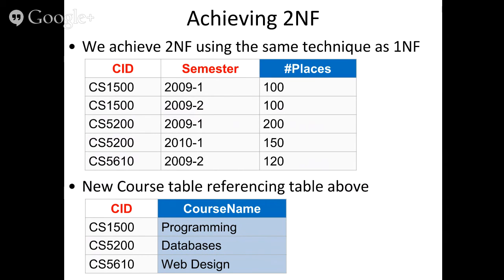And then those course IDs over there could be foreign keys back to this table, so that you can always join them and retrieve what the name of the course was. So instead of redundantly repeating the name of the course, just capture it once. Again, we split into a separate table and we join them with keys.